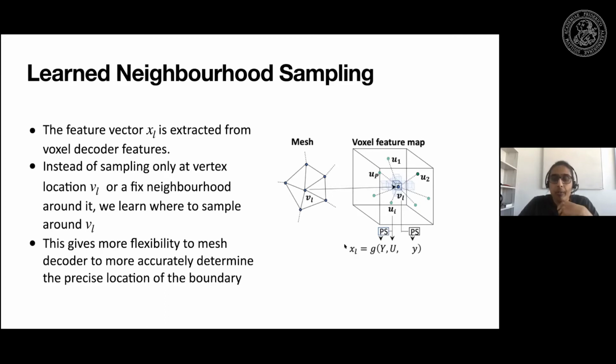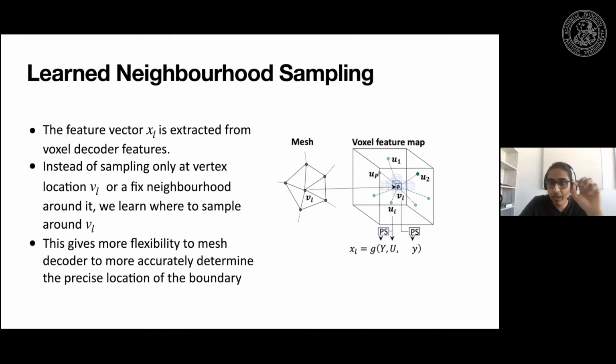By doing so, we gather more information, and the network can more accurately predict how far it has to move and in which direction, more importantly, to move the vertex towards the boundary of the object. What I mean by learned neighborhood is that we are learning the neighborhood we need to sample.